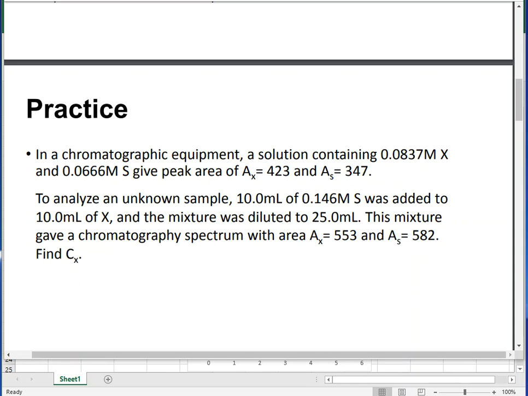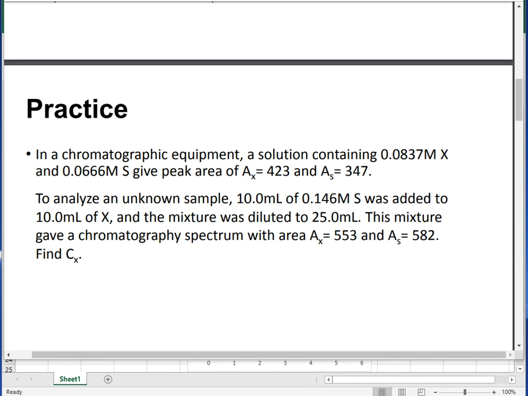What they're referring to is the chromatogram. That is the proper term that needs to be used there. Chromatographic equipment is kind of a weird word, but it is out there. It's just not used that often.